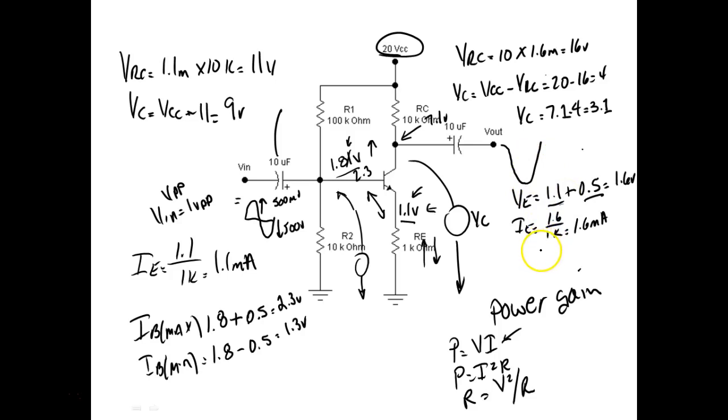You understand this? So what happened is this guy went down to what? So it's sitting at 7. It dropped down by 3.1 volts. Right? That makes sense? So I put 500 millivolts in.